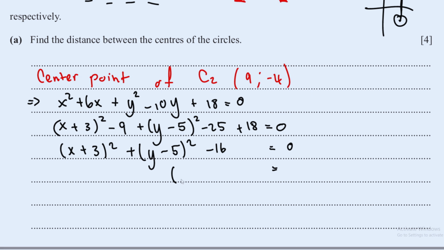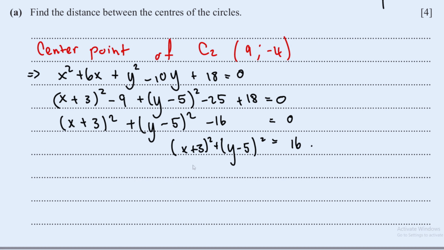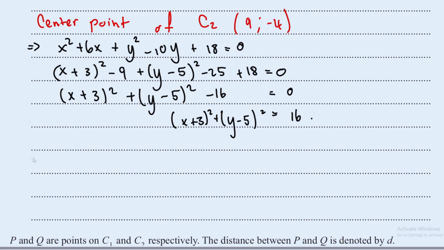And finally I can say (x + 3) squared plus (y - 5) squared is equal to 16. Now that we've got the equation in the vertex form for a circle, I can find the center point of C1 by simply flipping these coordinates around. I get (-3, 5).